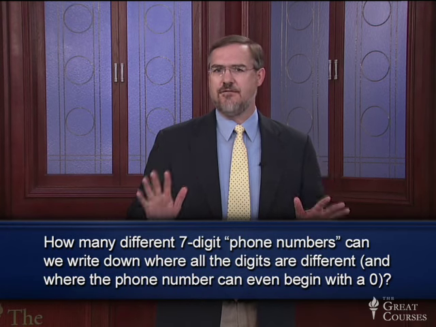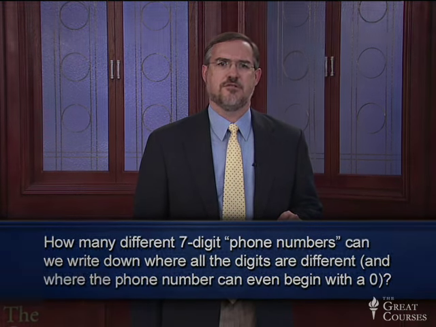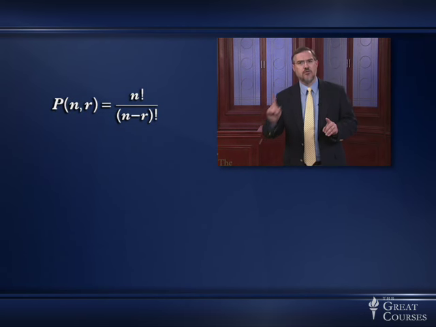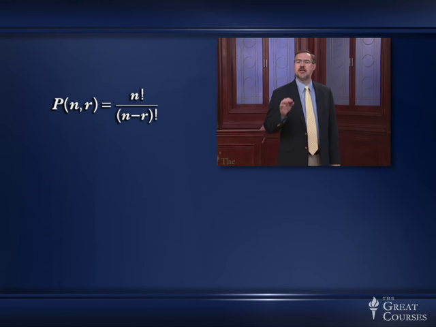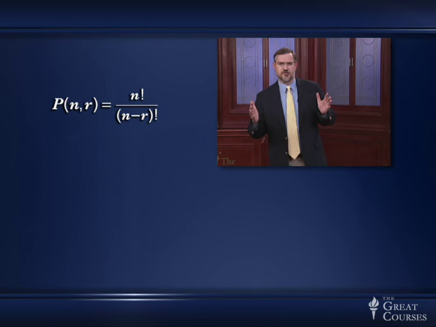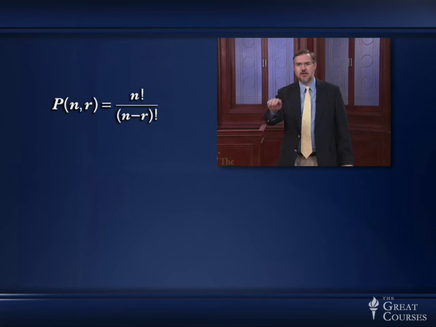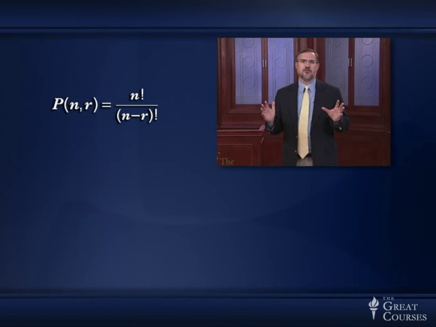Okay, so we're definitely talking about permutations just like we were in the previous examples. We have 10 digits to work with, the numbers from 0 to 9. There are 10 different numbers there. And we want to build 7-digit numbers because we're trying to build these phone numbers that are 7 digits long. So it's like we're filling in 7 blanks with 10 different numbers available to us.